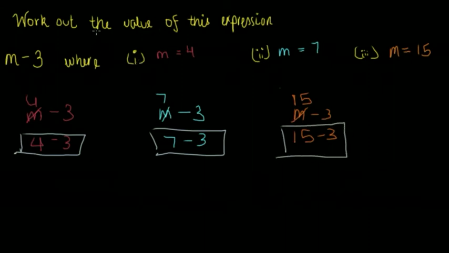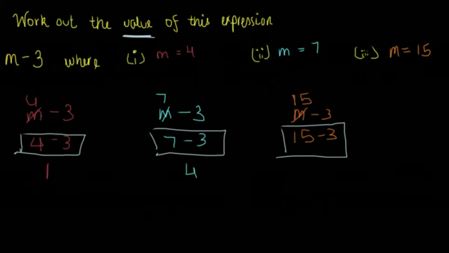But it says work out the value. That means we also have to calculate these equations, because now it's like proper arithmetic. We know all the numbers. So we do 4 minus 3, which is 1. 7 minus 3, which is 4.